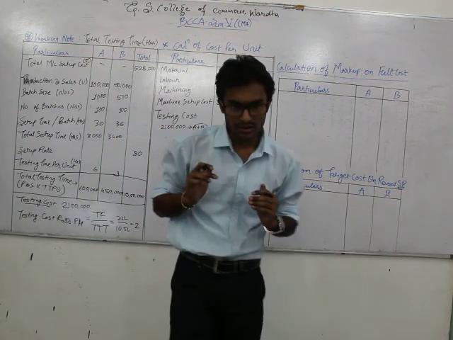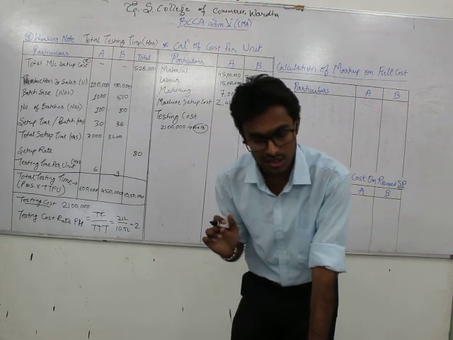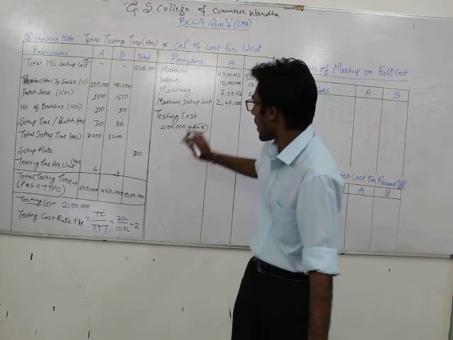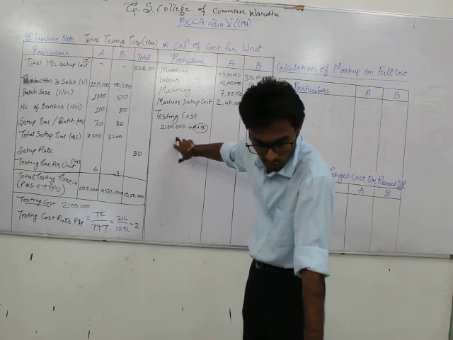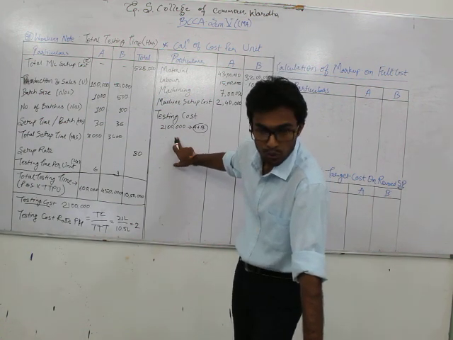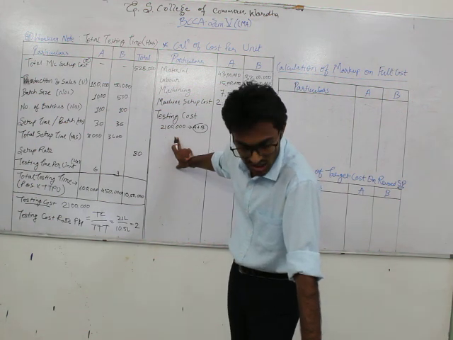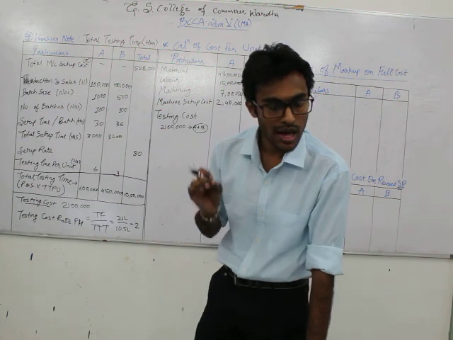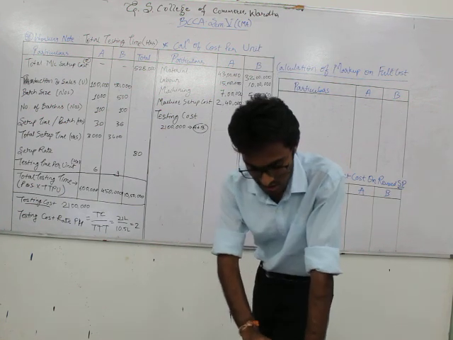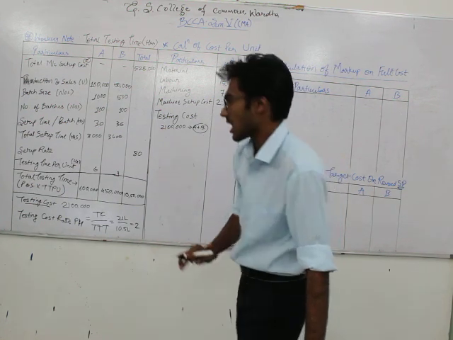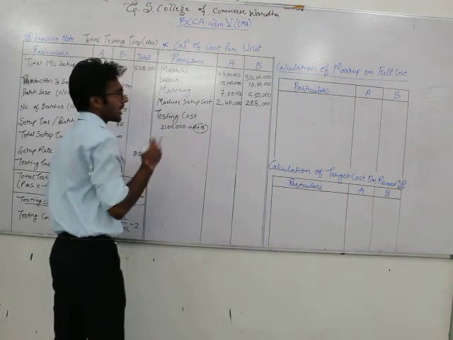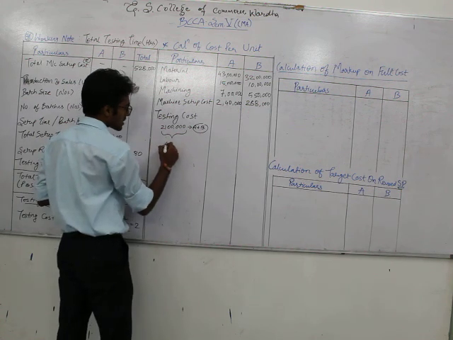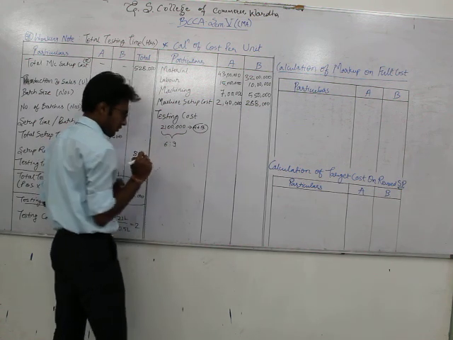We can do this calculation by bifurcating this amount according to the testing time per unit. You can refer to the testing time per unit from the third table and third point. Testing time per unit was 6 hours and 9 hours for A and B. So this can be divided in a 6:9 ratio.